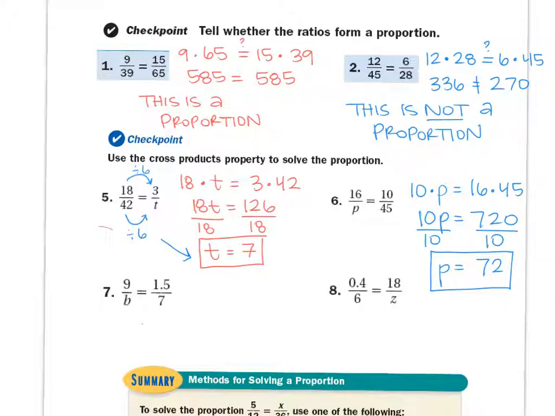I will tell you right now, when you're doing your homework, you can choose to use any method you want. It should be clear from your work what method you used. If you would like to do your homework the most efficiently, meaning the quickest while still doing it correctly, my recommendation would be that you use a mixture of method 1 when it works and method 3 when method 1 doesn't work.